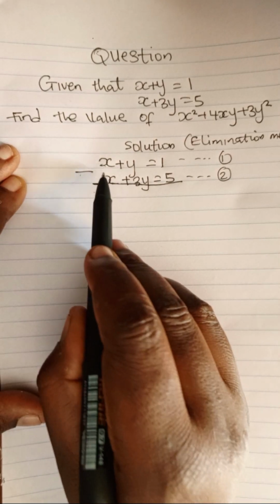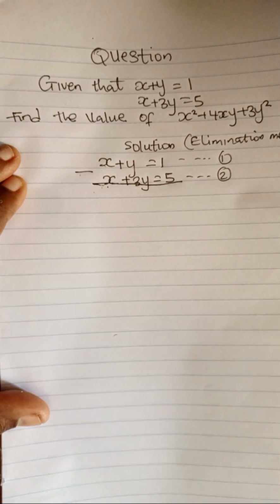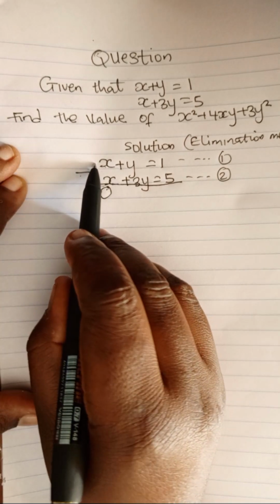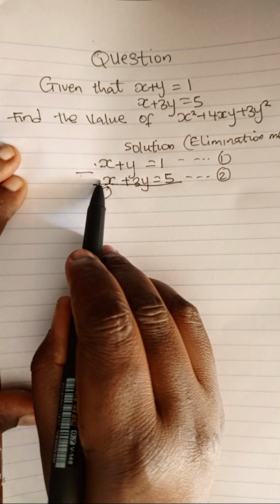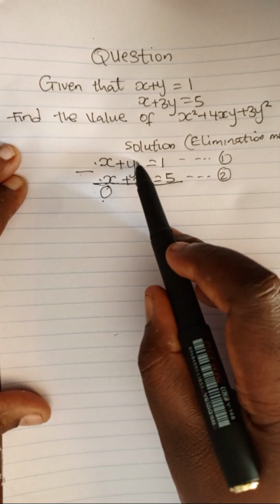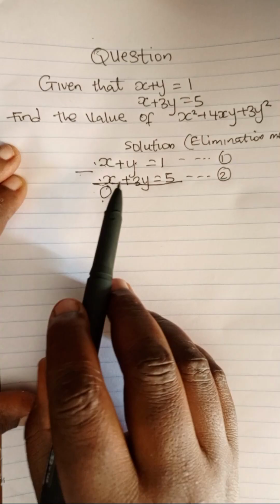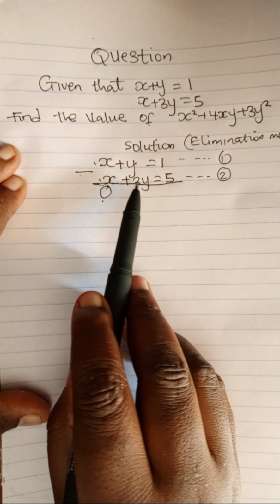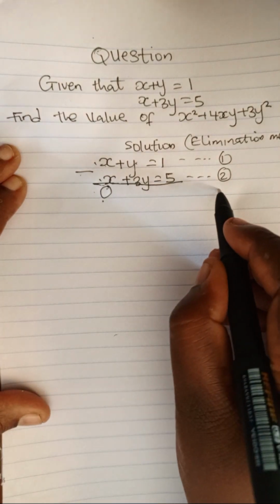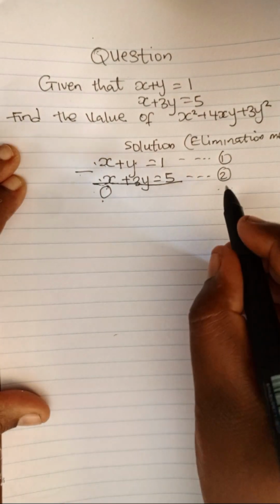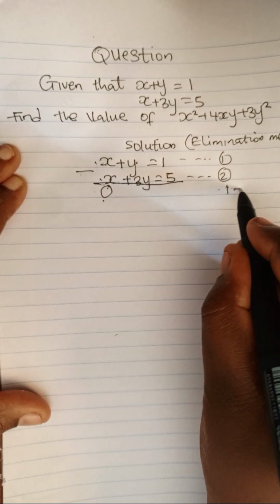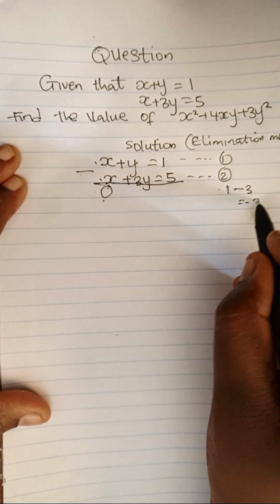So x minus x is 0, because the coefficient of x here is 1 and here is 1, so 1 minus 1 gives 0. Now let's move on to the next one, which is y. We have y minus 3y. The coefficient of y here is 1 and here is 3, so 1 minus 3 gives us minus 2.